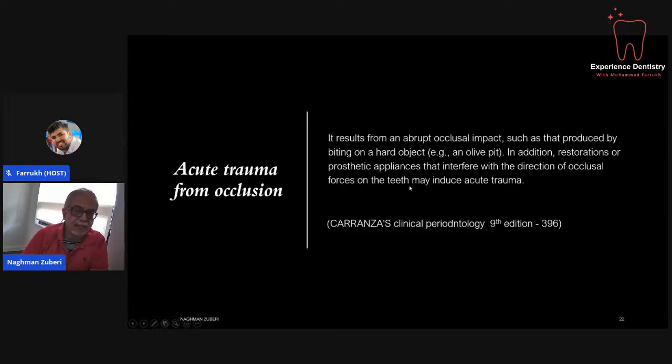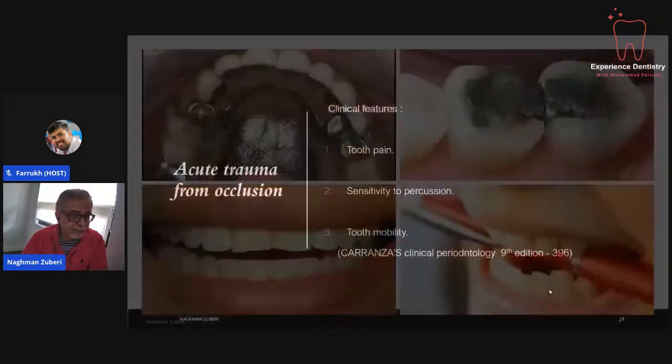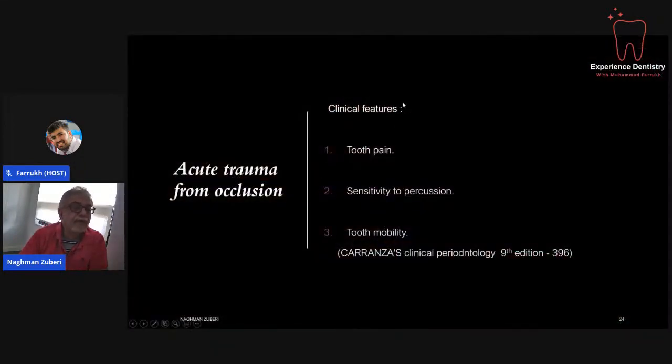All these are examples of acute trauma from occlusion. It could be any reason, or even newly adapted habits, and they will also lead to acute trauma immediately. What would be the clinical features? Pain in that tooth, sensitivity to percussion, and the tooth will be mobile.